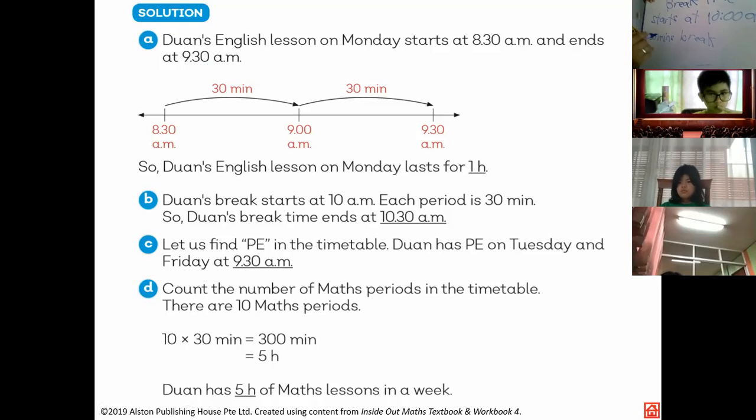That means he will finish his break at 10:30. So you just have to add 30 minutes starting from 10 a.m. Again, his break starts at 10 a.m. and it finished at 10:30 because he has only a 30 minutes break. Do you understand?